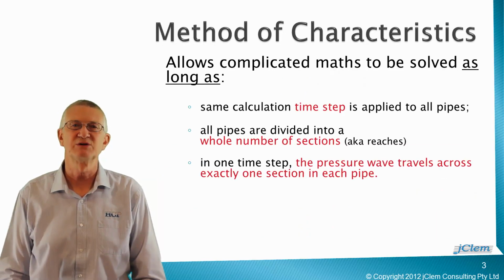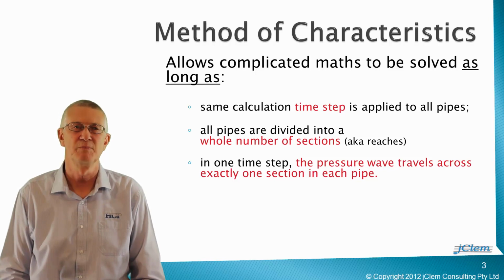The method of characteristics is probably the most effective of the mathematical techniques used for solving transient analysis in pipe networks. In comparison to some other methods, it can report on the conditions in pipes in between junctions and nodes in the model. It enables a very complicated set of equations to be solved as long as 3 conditions are true.